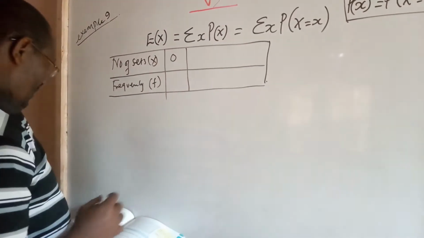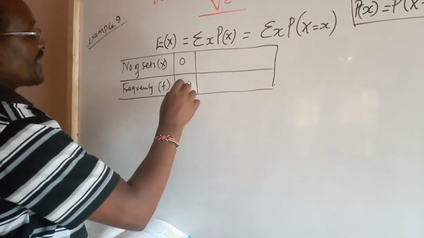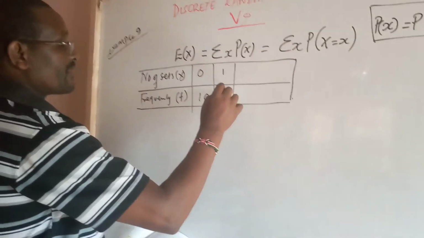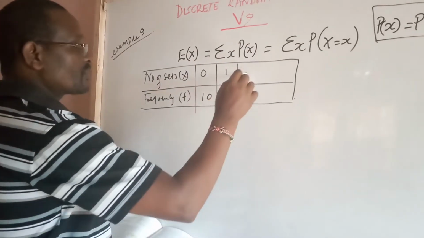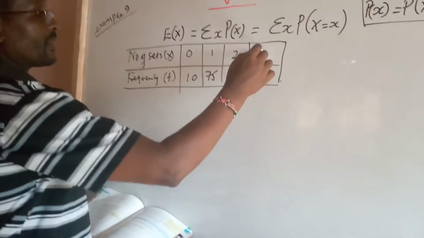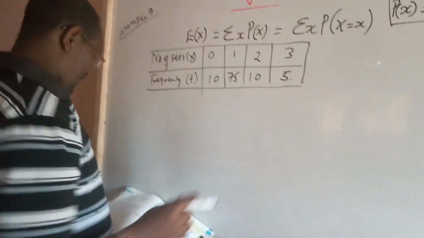There are 10 houses with 0 television sets. With 1 set, there are 75 houses or families. With 2 television sets, there are 10 families. And with 3, 5 families.